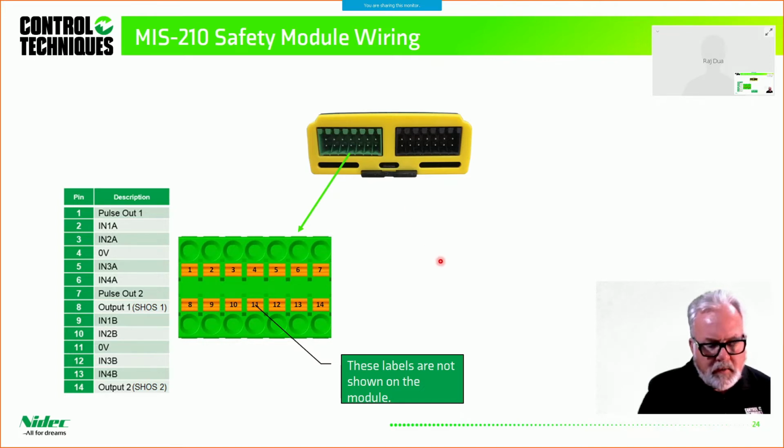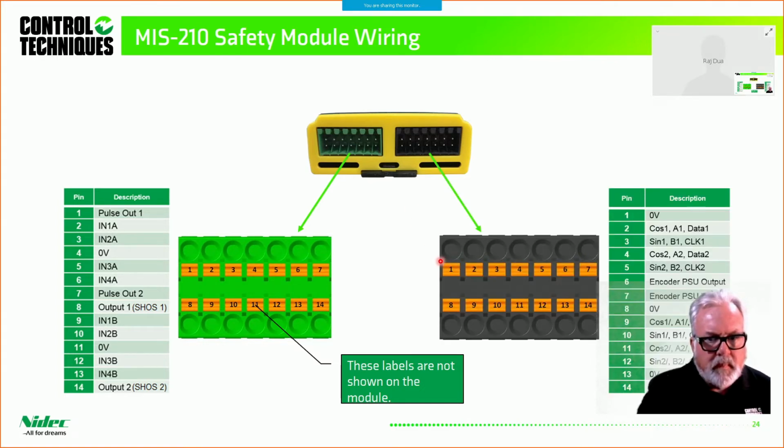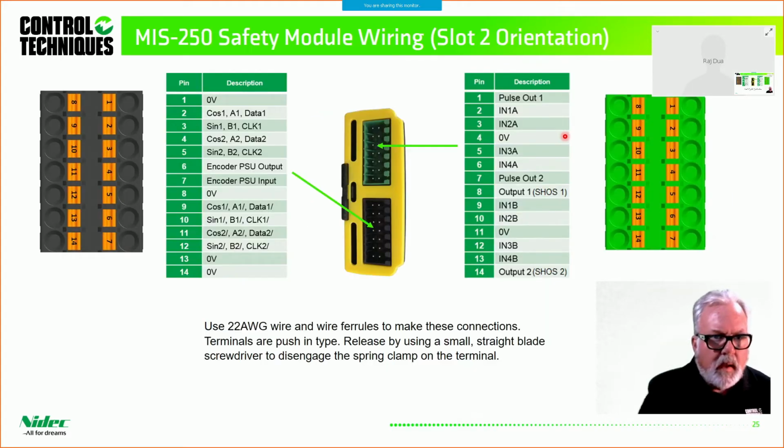So the orientation is very important. The black connector is for the encoder connections. And once again, the terminals themselves are not labeled. So the orientation, in this case, would be for a Unidrive M6 or 700 because it's mounted vertically.